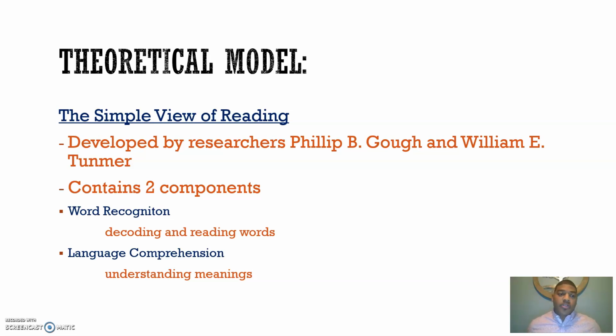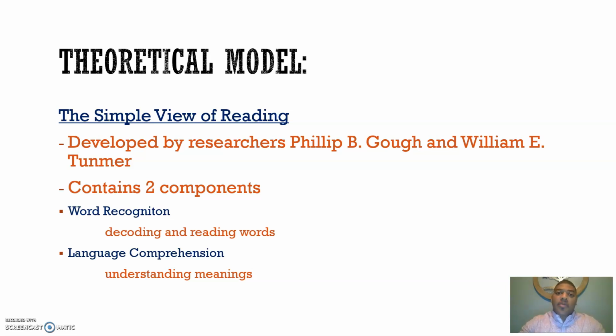You have the theoretical model, simple view of reading. That's the first one we're going to cover, which was developed by Philip Gough and William E. Tunmer. It contains two components, which would be word recognition and language comprehension. In word recognition, you're going to have decoding and sight words, being able to just read words right off what's on the paper.